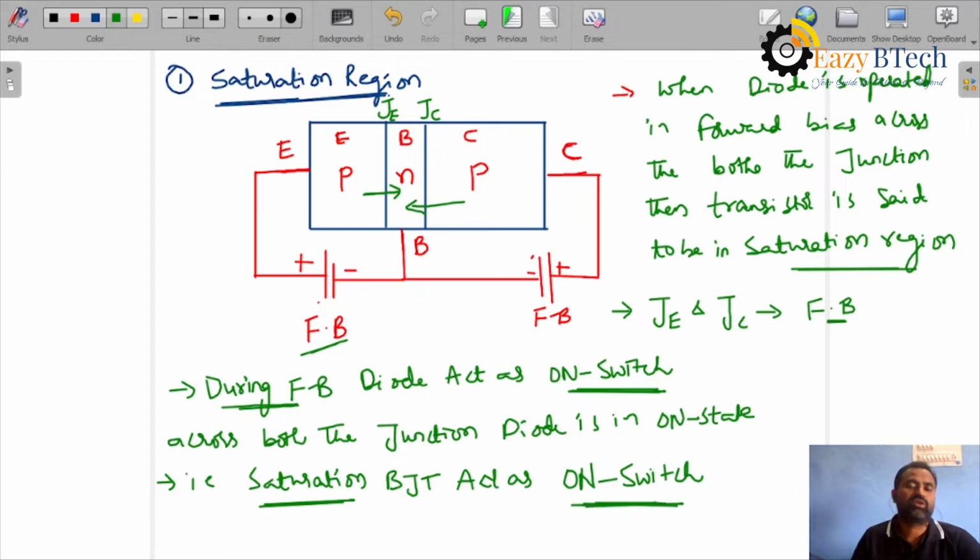The construction of two diodes makes one BJT. When the emitter-base junction is in forward bias and the base-collector junction is also in forward bias, both diodes are forward biased, and we say the transistor in the saturation region acts as an on switch.